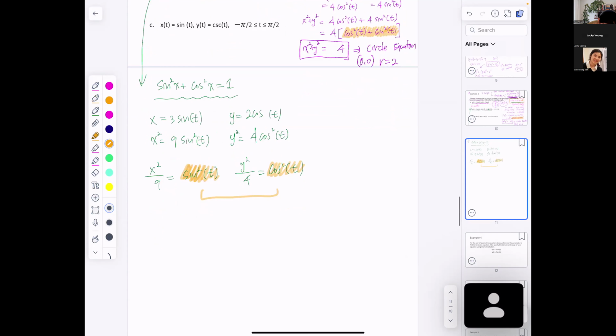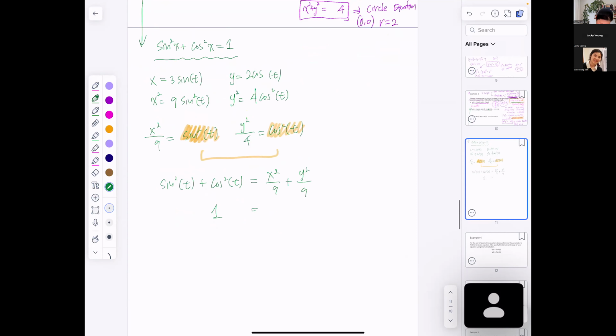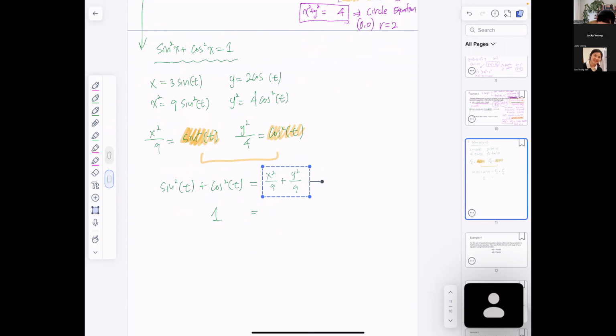Sine squared t plus cosine squared t, right? So x squared over 9 plus y squared over 4 should be equal to 1, correct? So if I write it again, we got this one. Your answer looks like this.